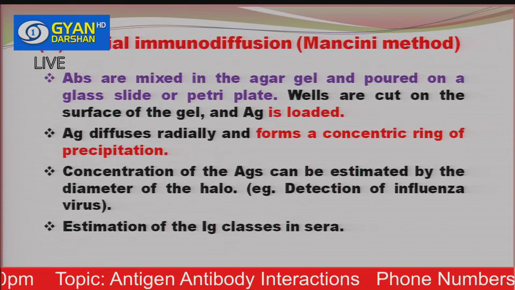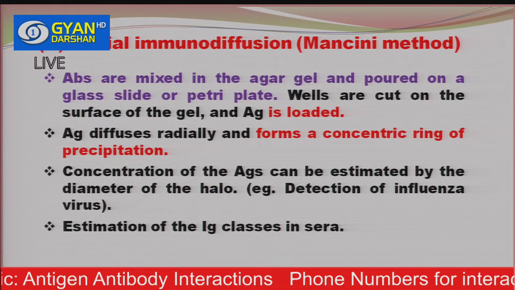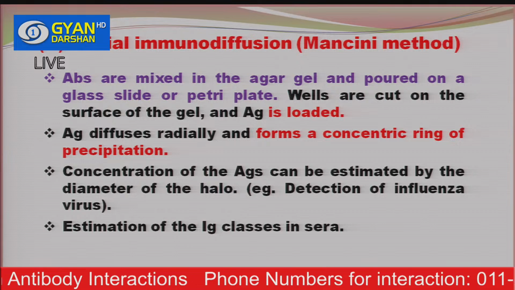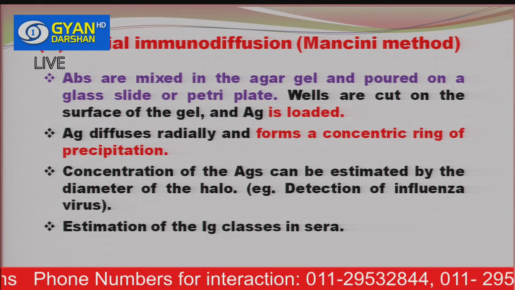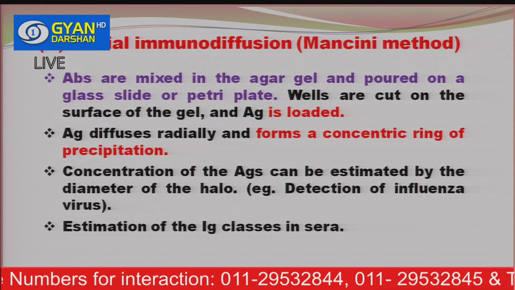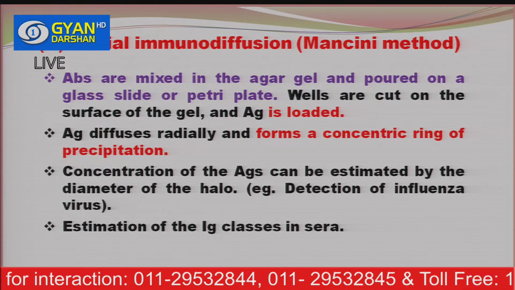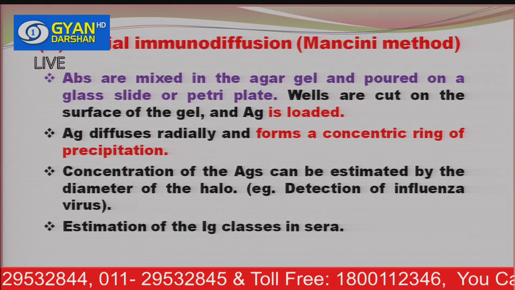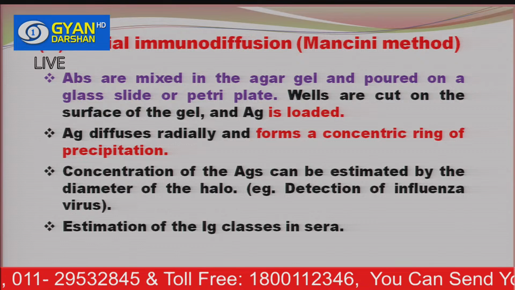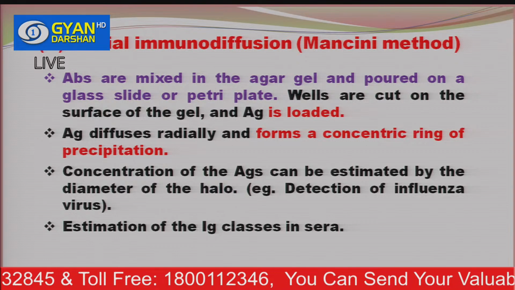First is radial immunodiffusion, or we can say the Mancini method. The antibodies are mixed in agar gel and poured onto a glass slide or petri plate, and wells are cut on the surface of the gel, and antigen is loaded.